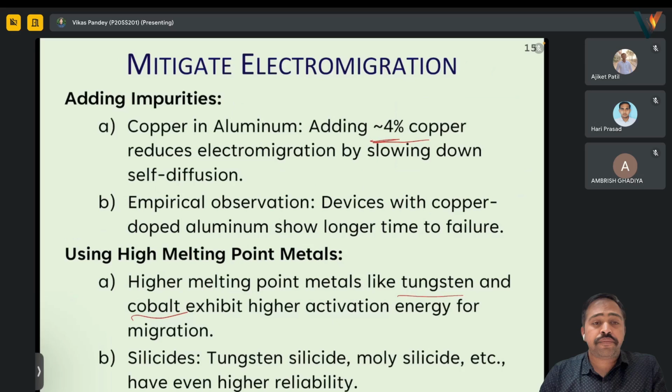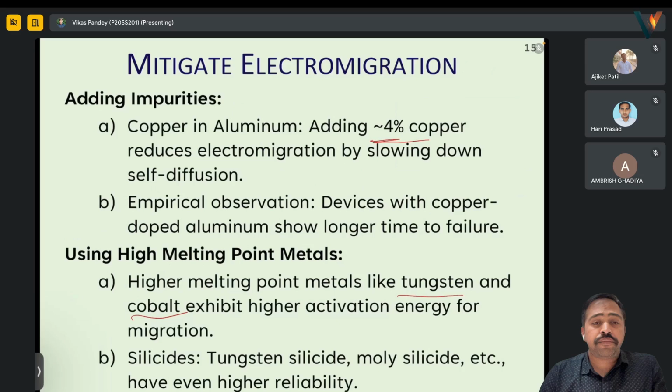Second is reservoirs in lines. Suppose these points have to be connected, and they are connected through such metal lines. Then we keep another metal line like this, and in case this path fails, we can connect this path and get our current.